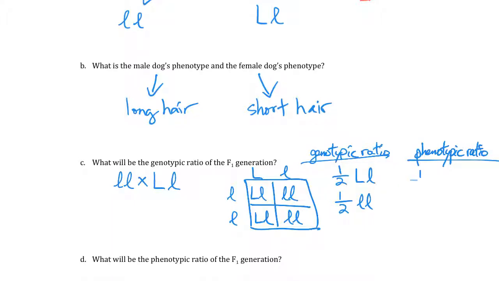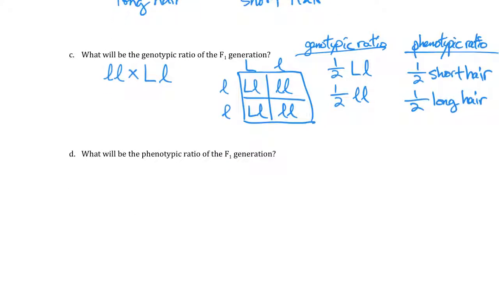So 1/2 will be short hair, and 1/2 will be long hair. I think I just answered the second question. What will the phenotypic ratio be of the F1 generation? Well, it'll be just that, 1/2 short hair, 1/2 long hair.